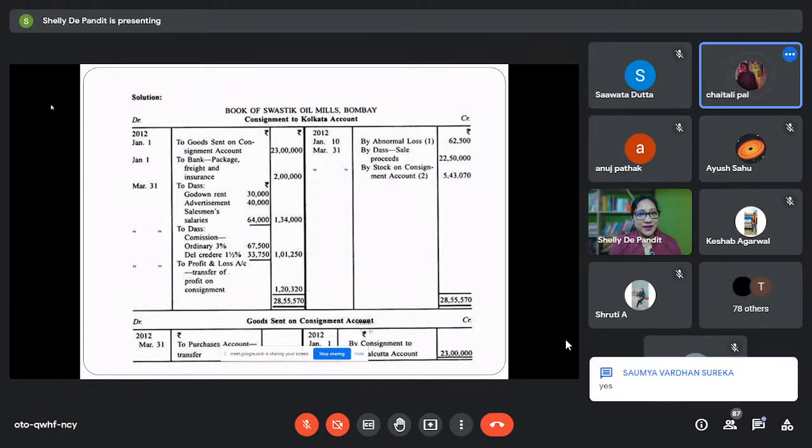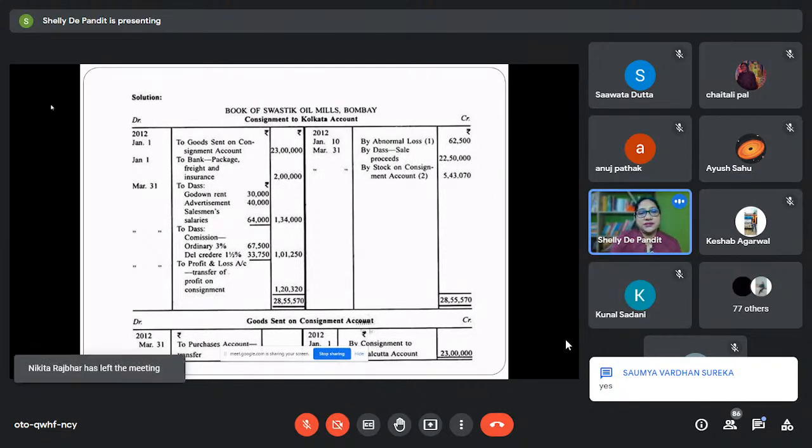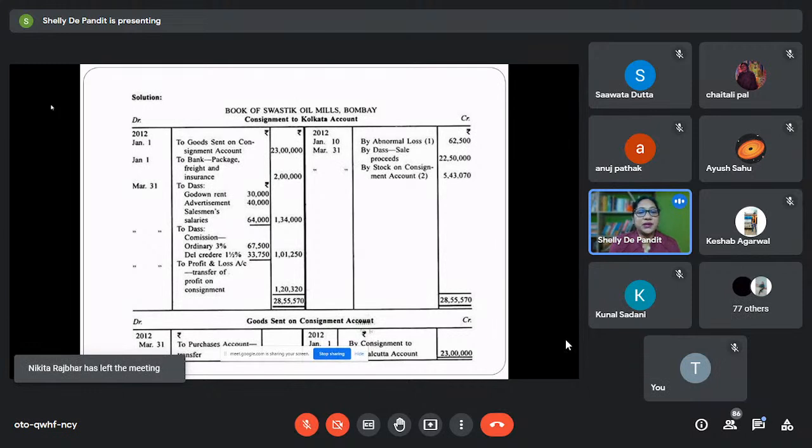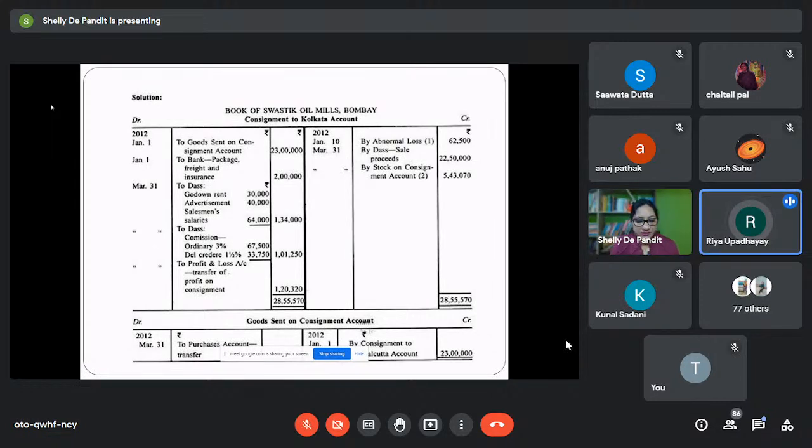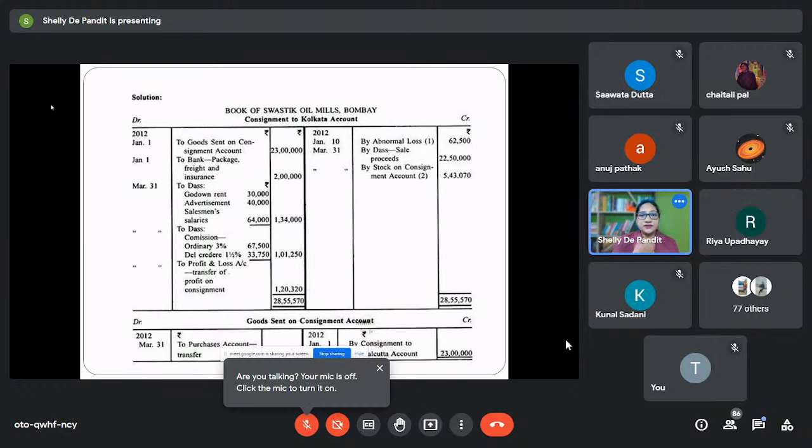Okay, so how many goods were sent and at what price? You just have to multiply to get the value of that huge figure, 23 lakh. Ma'am, 5,000 into 460. Very good. So you just do it to get the goods sent on consignment.